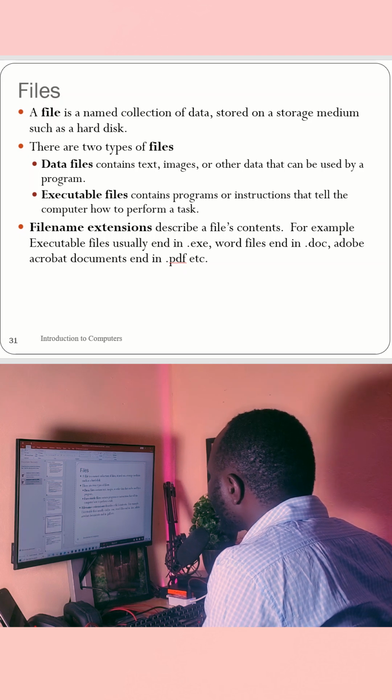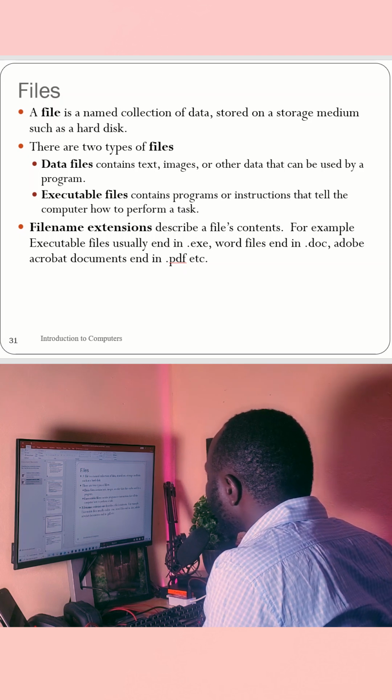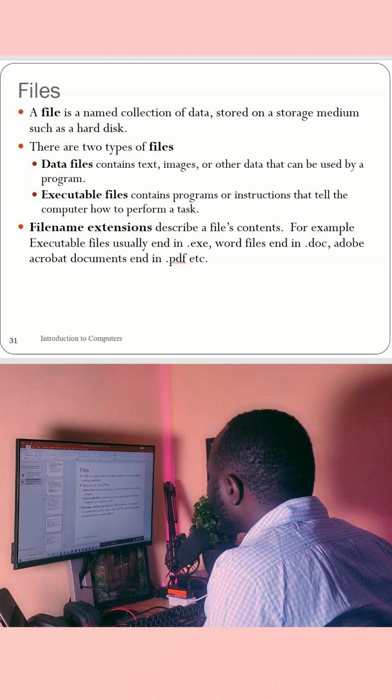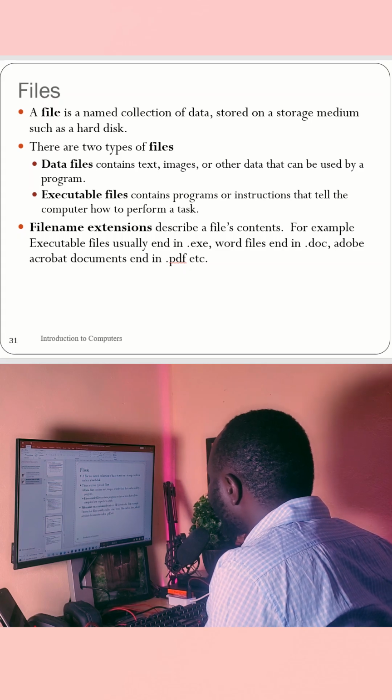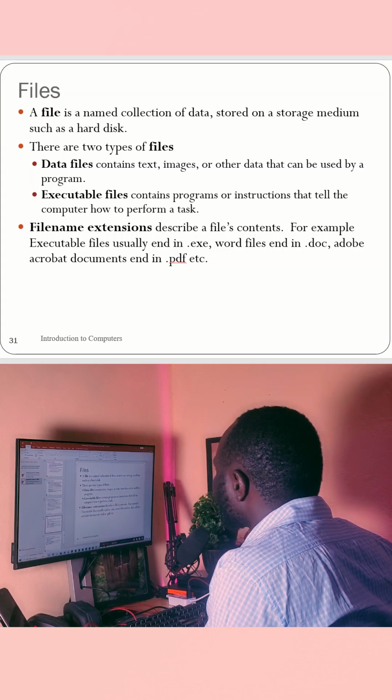That is the reason why you open your videos on your computer and they open with VLC. Why? Because they have .mp4 as their file extension describing the content of the file. So it is easy for a program to associate with it and open it, knowing its file extension.